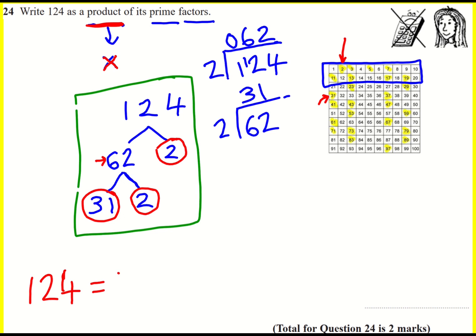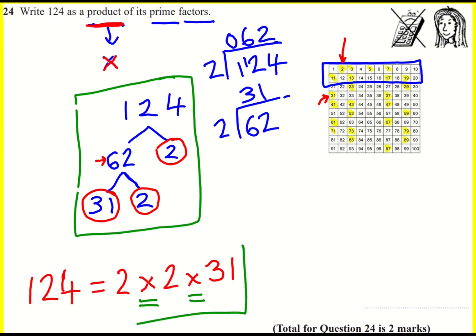So as a product, which remember means times, as a product of its prime factors is 2 times 2 times 31. You must show the times sign. Some students make the error of putting pluses or commas. You will lose a mark if you do that. You have to show it as a product, which means you must use the multiplication sign. So this is the final answer. 124 as a product of its prime factors is 2 times 2 times 31.